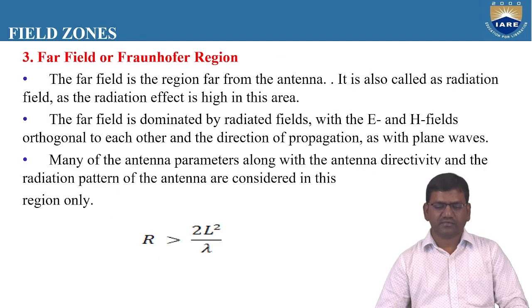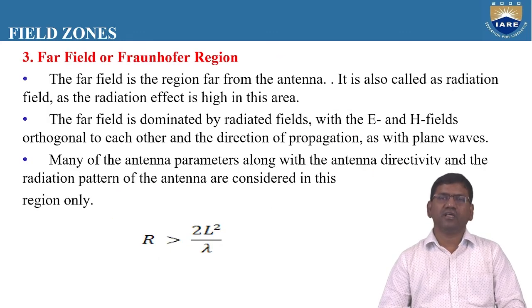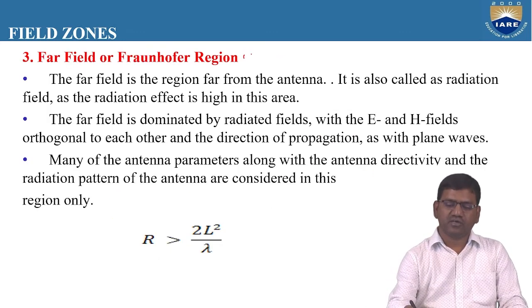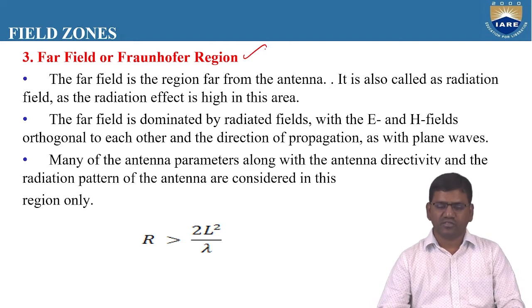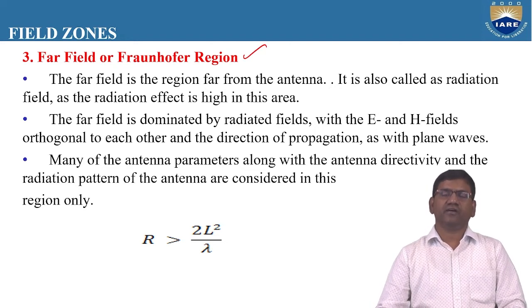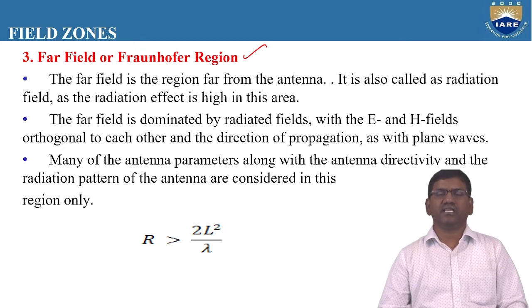The third zone is the far field zone, or the Fraunhofer zone. This is the zone where a uniform, regular shaped radiation pattern is formed.